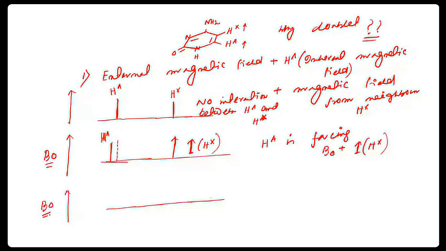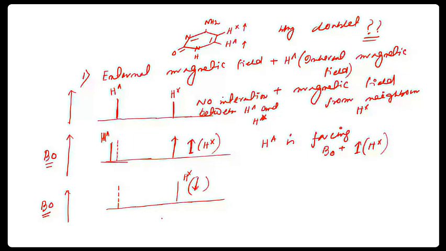B0 is the external magnetic field. If we did not have the interaction, the field was supposed to come here. Now this is HA, and its nuclear spin is opposing the external magnetic field.